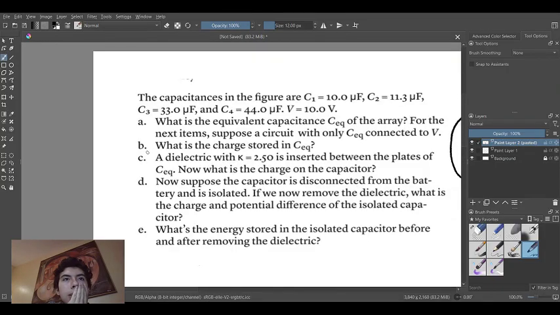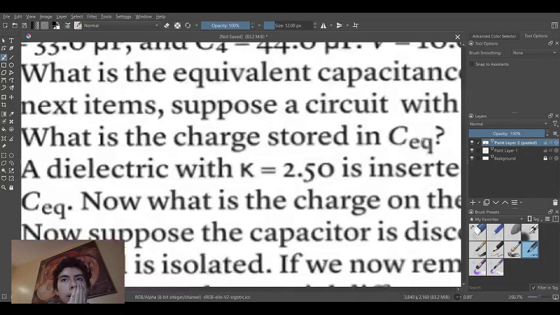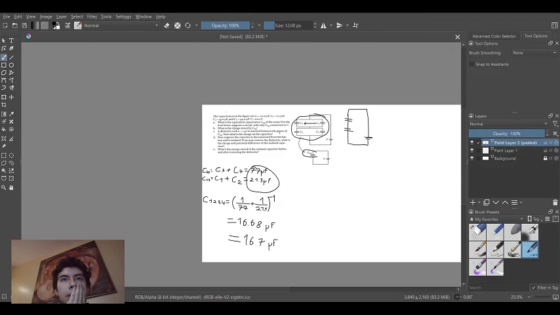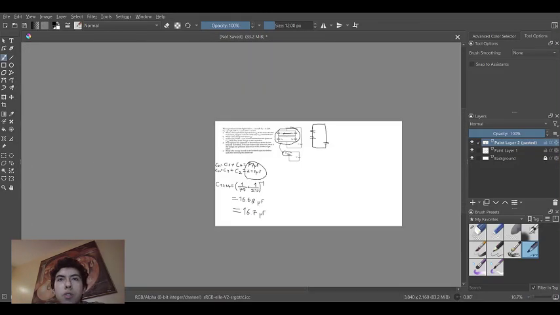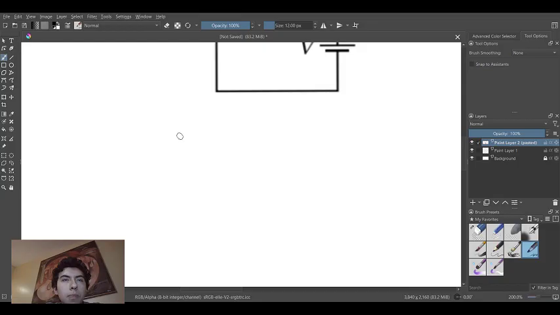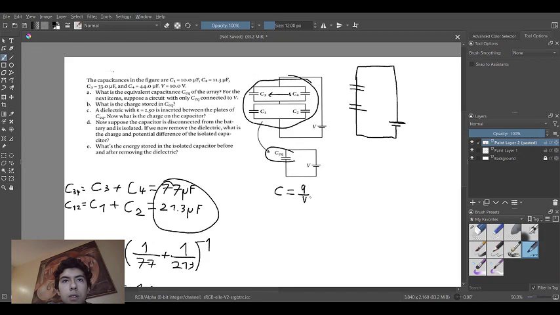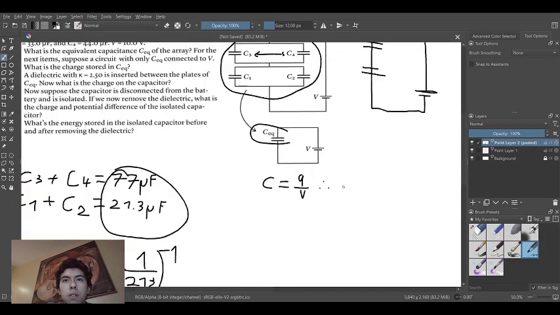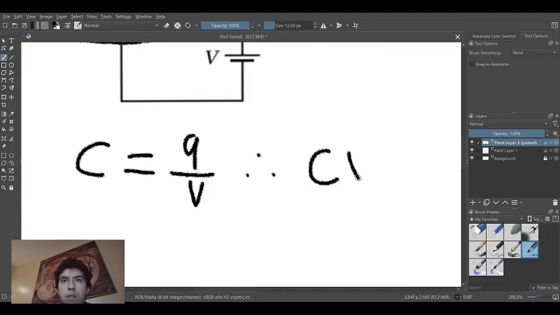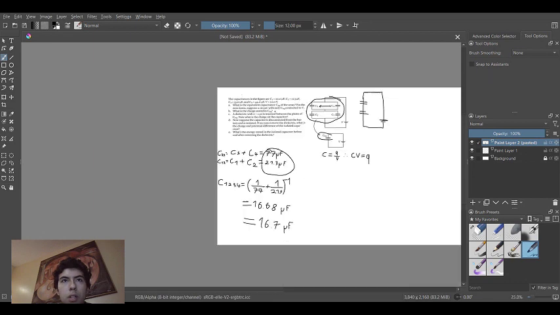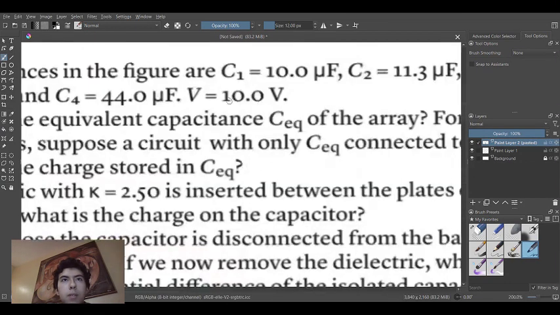A is finished. What is the charge stored in CEQ? The formula for charge is, if I remember correctly, C equals Q over V. Therefore, CV equals Q. And right now, we have 10 volts.